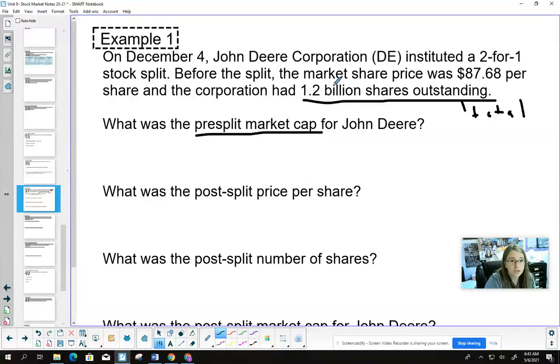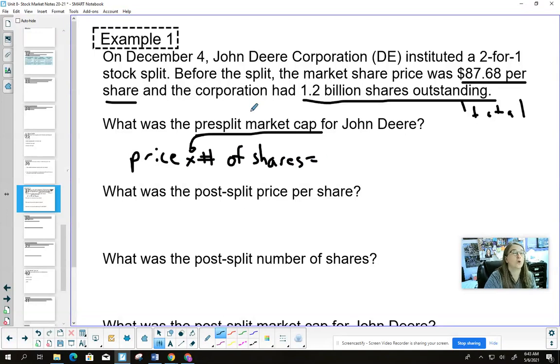So we have 1.2 billion shares, and they cost $87.68 per share. So market cap is the price times the number of shares. This is going to find the total value of the shares of a company. It's technically not the total value of a company, but it's part of it.